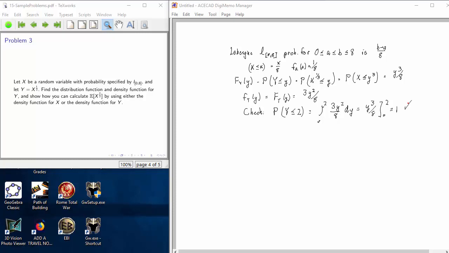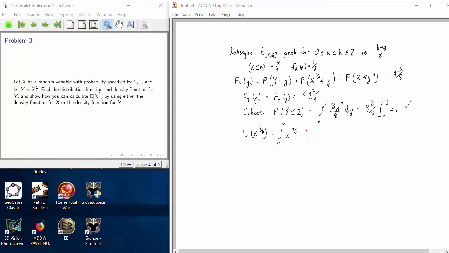Now, what I want to do is calculate the expectation of a function of my original random variable. I want to calculate the expectation of x to the 2/3. And there are two ways of doing this. The easiest way is just to use the original sample space and say the function of the random variable we're calculating is x to the 2/3.